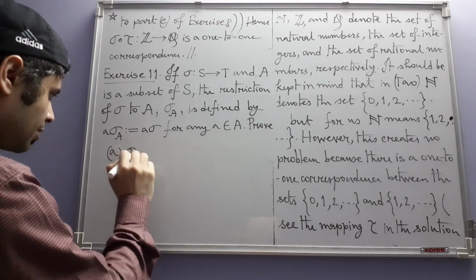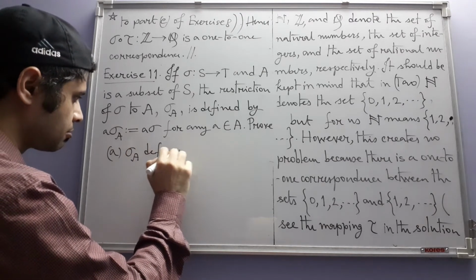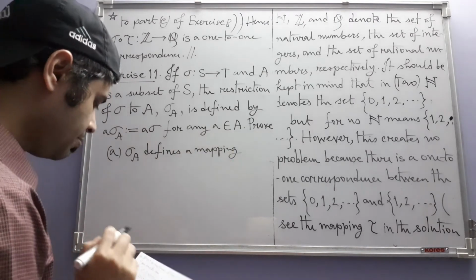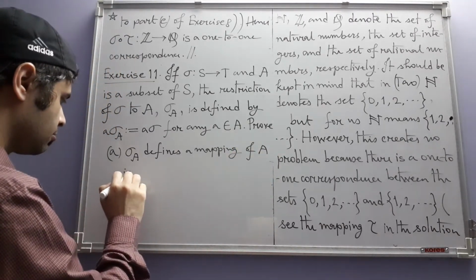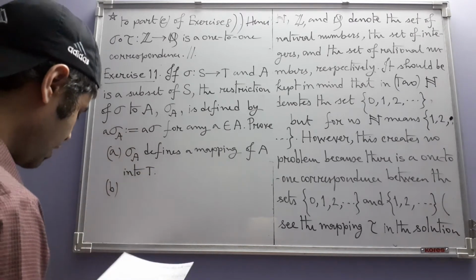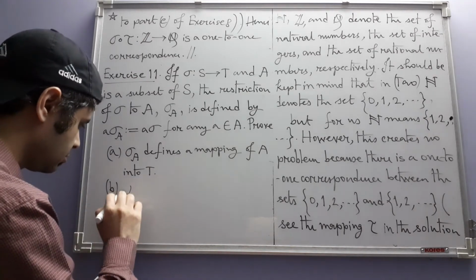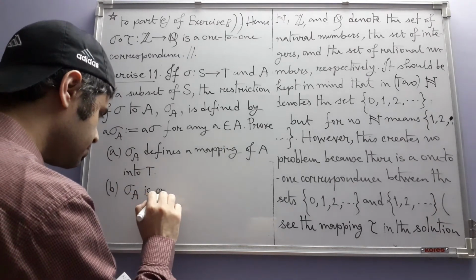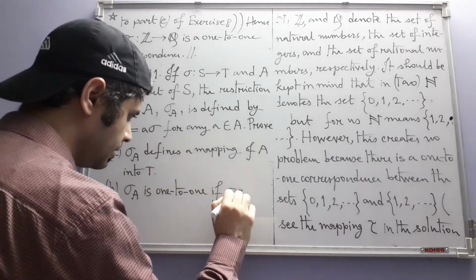Sigma A, first of all we need to make sure that this defines a legitimate mapping of A into T. Then in part B, there are 3 parts, sigma A is 1-to-1 if sigma is.